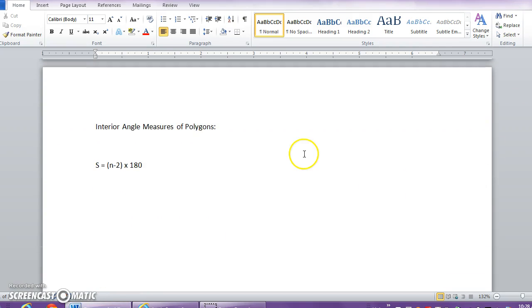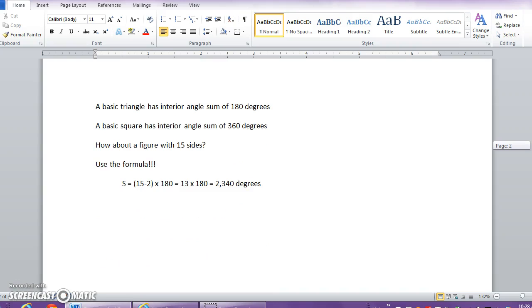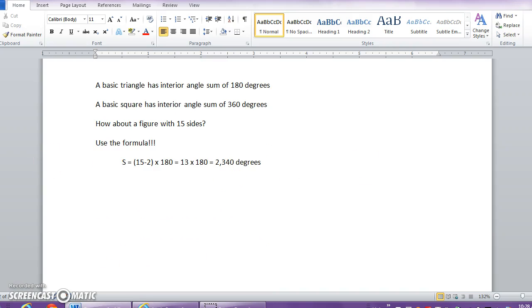We find the interior angle measures of polygons by taking our interior angle sum with n sides, so our S is equal to our sides minus 2 times 180 degrees. It's a simple formula, easy to remember. So we know that our basic triangle has 180 degrees.